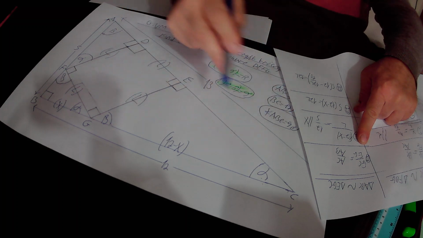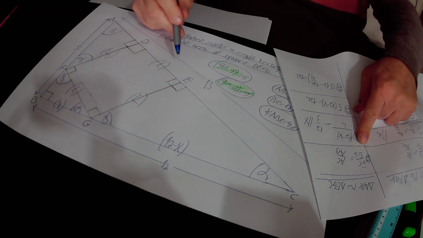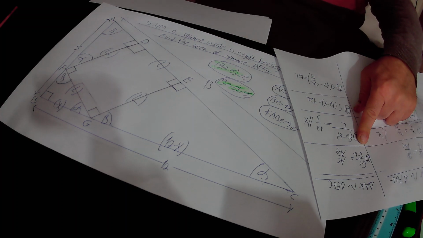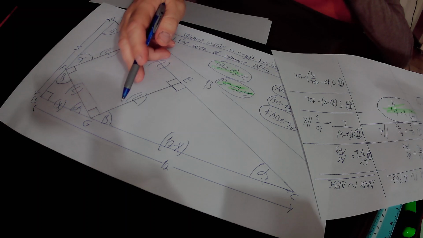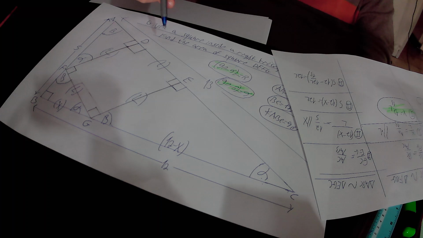GC is in front of the right angle, and EG is in front of angle alpha. So we have GC that is 12 minus x over EG that is L, and it equals AC.